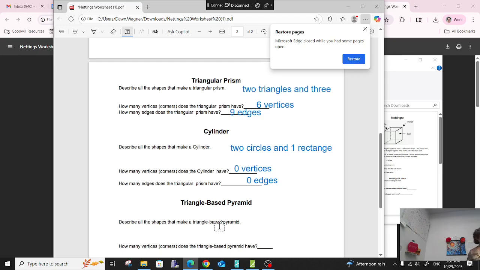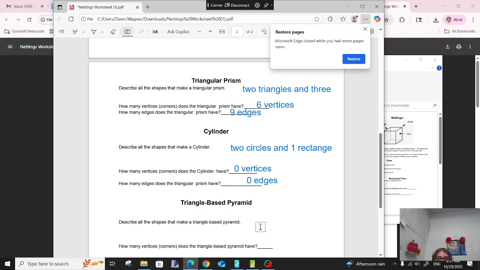Okay, triangle base pyramid. So that was this one, right? And it has a triangle for the base. So if it has a triangle for the base, what is this pyramid made of?